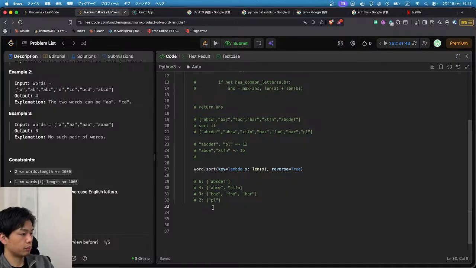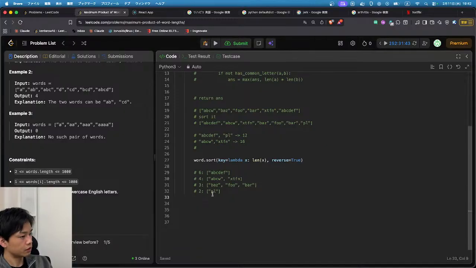It's not avoidable. We have to check the letters one by one, right? A, B, C, D, E, F.